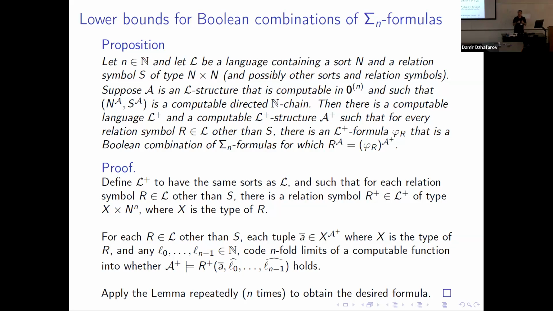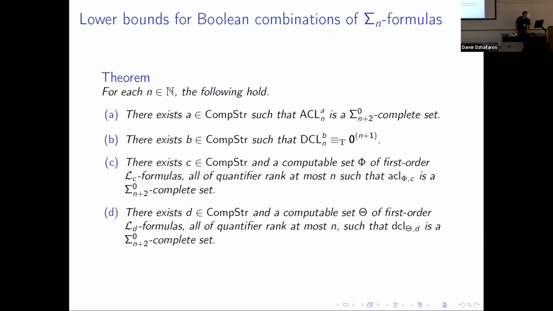If it's not, please read the paper, because it's talked about in more detail there. Particularly, we have the following theorem. For each n, there is a single computable structure such that the one-step algebraic closure on Boolean combinations of sigma n formulas, for all that there exists that alternate n many times, is a sigma n plus 2 complete set.